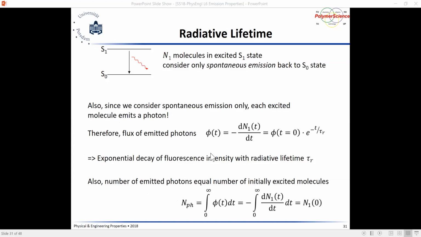So your quantum yield or your flux of emitted photons can be calculated. So here, the number of emitted photons equals the number of initially excited molecules because we have spontaneous emission, right? So n photon equals n1.